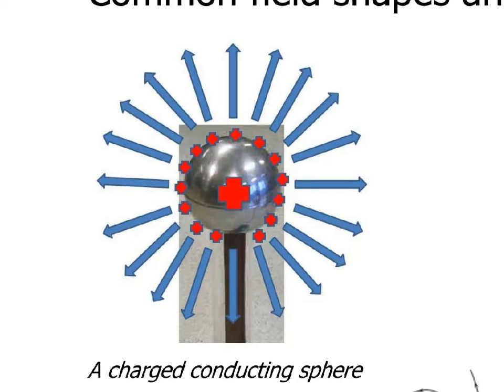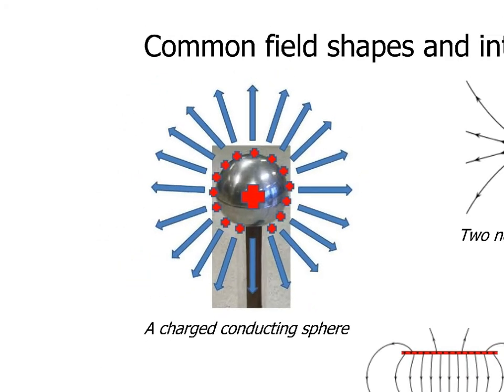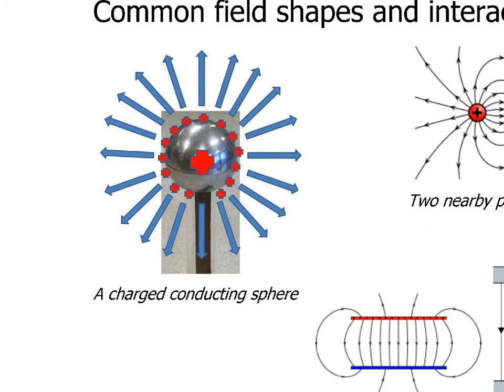Or more accurately, the electrons will spread themselves out over the sphere as much as possible, so that the positively charged regions are evenly spaced all over the surface of that sphere. Thus, the electric field should be basically even in all directions, which is shown by these blue arrows. Right. So that would be the electric field around a positively charged sphere, or a charged conducting sphere, as we have written down there.